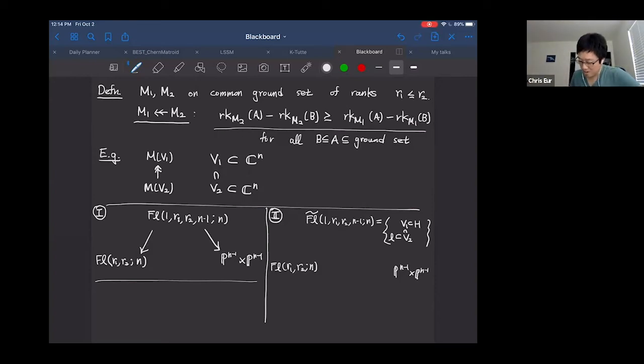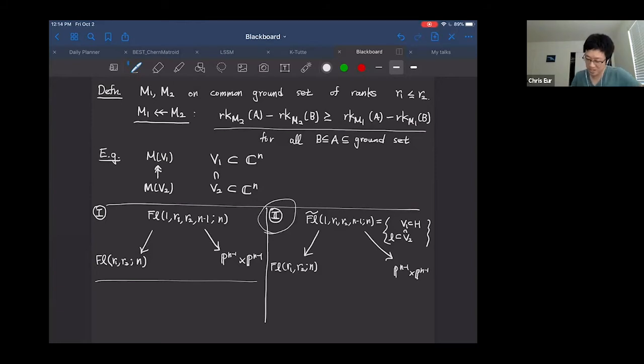So if you're used to partial flag varieties, this might make you a little uncomfortable. And for sure, I was not too thrilled to realize that one might need to actually look at this picture. But let me try to tell you why this picture is also important.